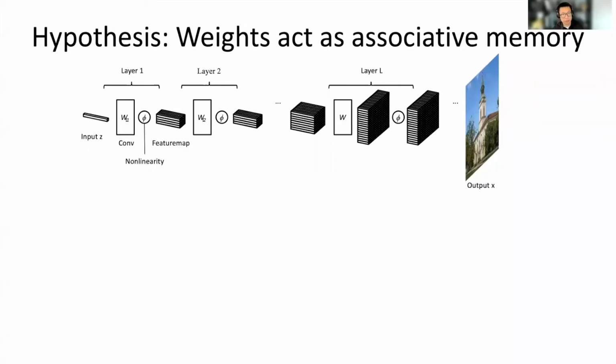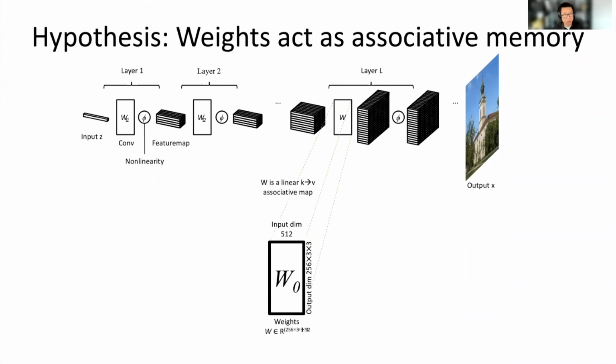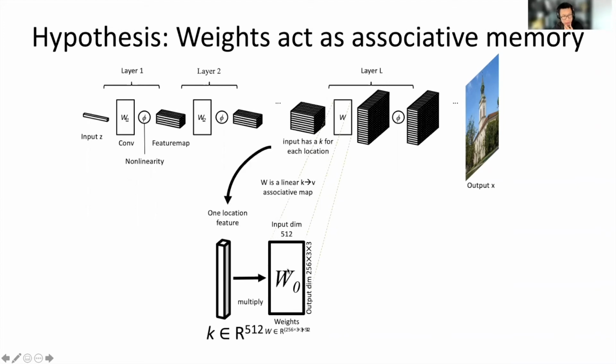And then, let me talk about the algorithm before I show you more examples. So here is a very simple algorithm. You can think about we're only editing a single layer here, and this layer is called W0. It inputs, if it's a convolutional feature map, if you look at one location, it's a 5-dimensional vector, for example.